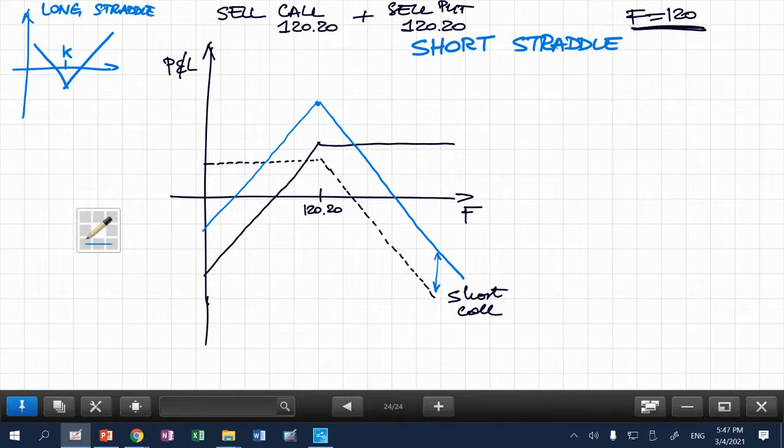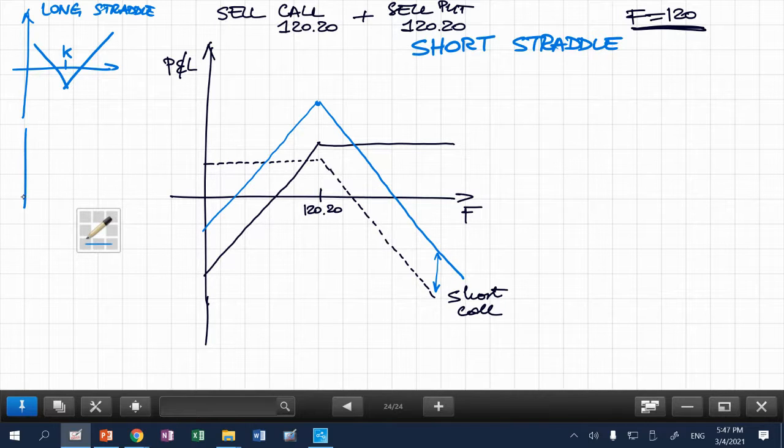Now, the next step is the following. The blue line that I've drawn is the value of the position at maturity, not the P&L today. If I wanted to add the P&L today, ideally, I should not be adding up two broken lines of the P&L at maturity. I should add up two curves.